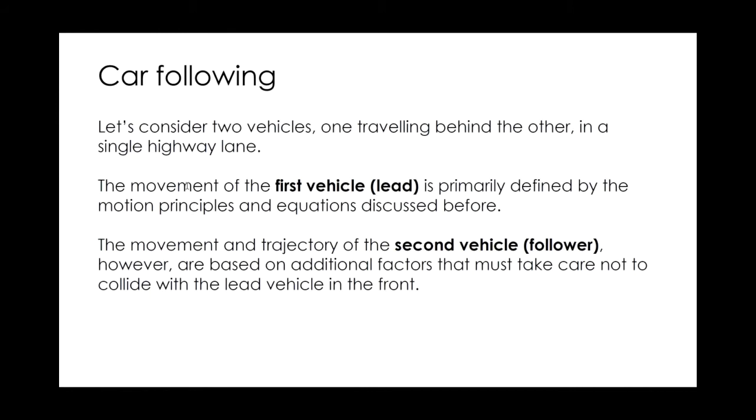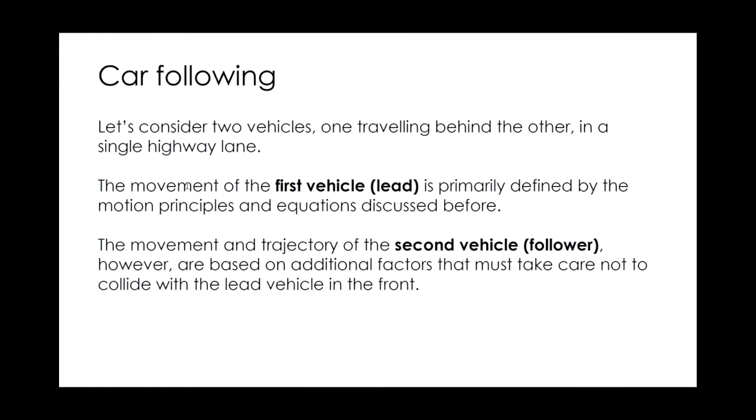However, the movement and trajectory of the second vehicle, the third vehicle, or the fourth vehicle, so all the vehicles in the platoon, which can be considered as the followers of the lead vehicle, are based on additional factors that we must take care of to avoid a crash between the two vehicles. So most of the car following models take into account that we would like to prevent the follower crashing into the lead vehicle, right?